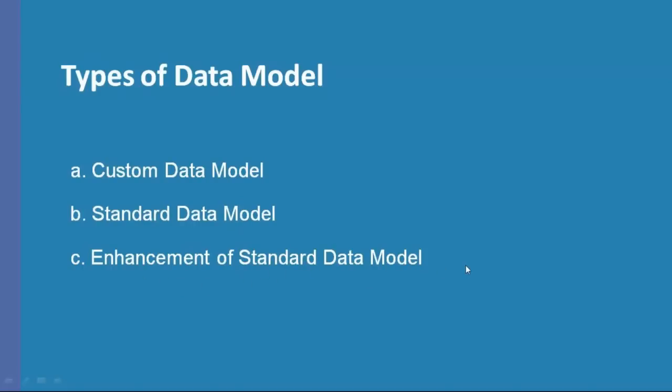Based on your project requirement, you need to extend it with some custom entities and custom entity types, and create some relationships and so on. These are the different types of data model. In our discussion, we will create all the different data models and see what they look like and what inside details they have.